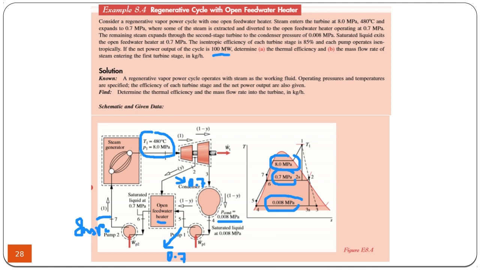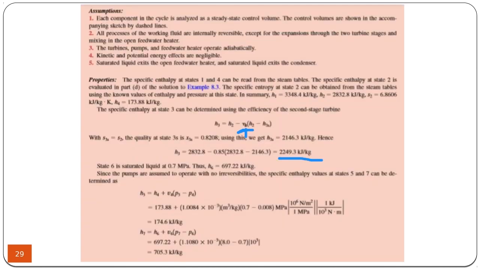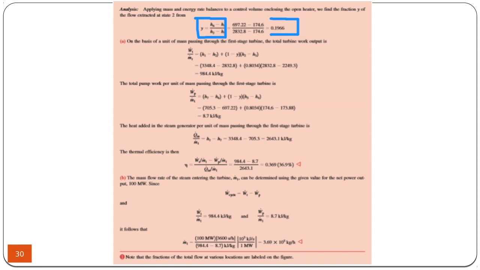It means that 20% of the steam is taken from an intermediate stage, while the remaining 80% continues to produce turbine work. So this is 20%, this is 80%, and the value of y, the ratio of the steam separated from the intermediate stage of the turbine, is calculated as 20%.